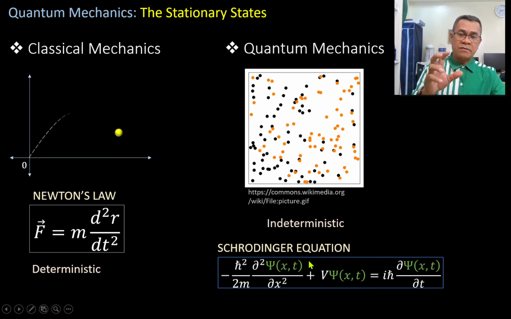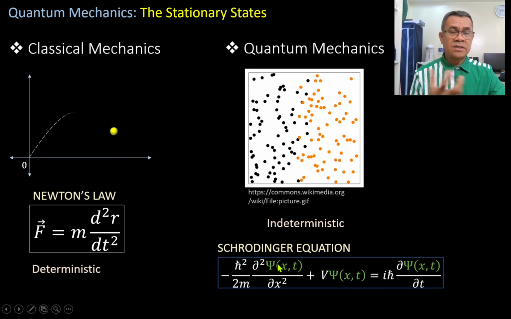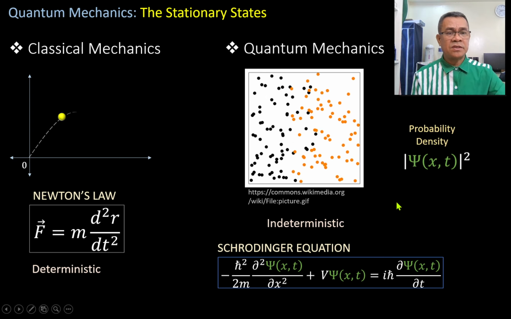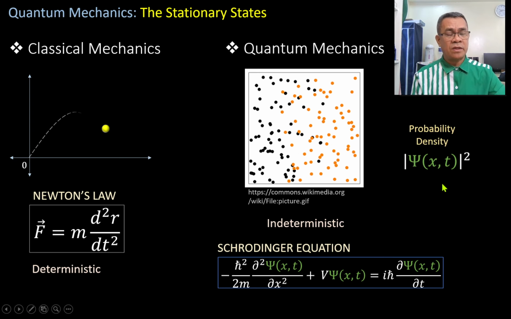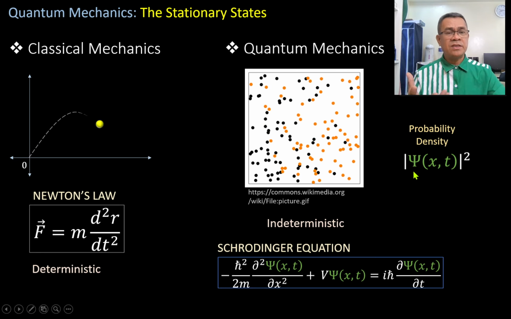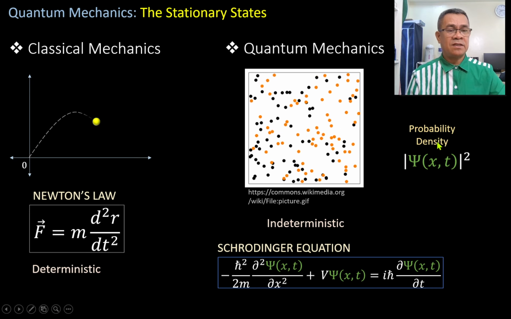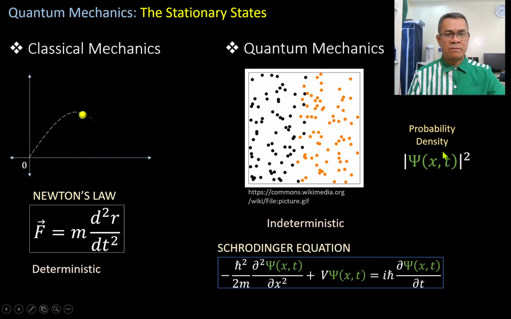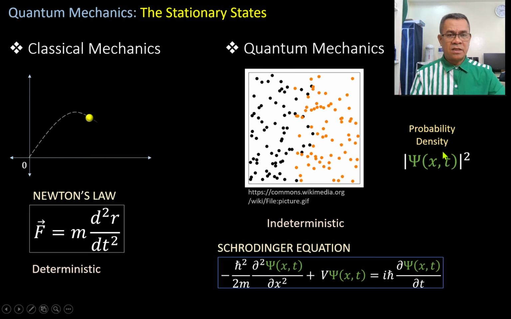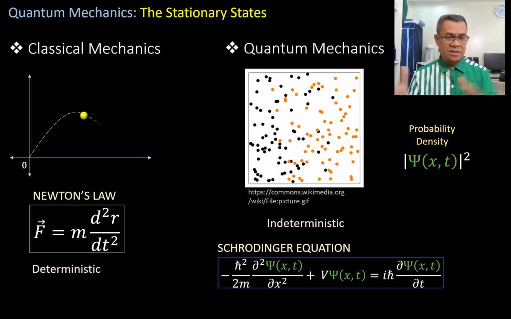After solving the Schrodinger equation, if we have now the big psi, then all we need to do to describe the system is to take the absolute square, or the modulus squared, of that wave function, big psi, which we call the probability density. And this probability density gives the probability in the system.